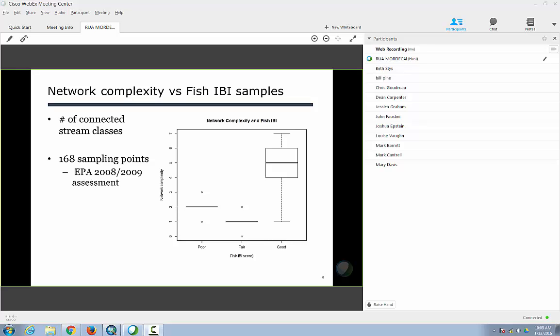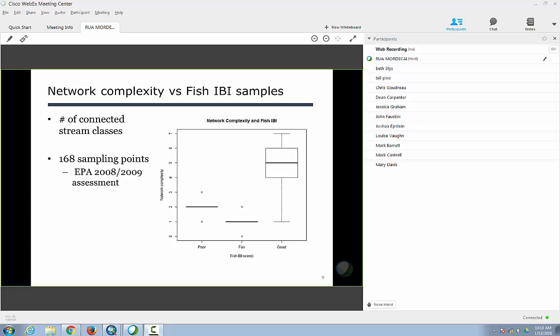So we had pretty good separation for identifying the good sites based on network complexity, just based on some of these diagrams. And this was actually the best predictor of all the other indicators of the actual fish community structure. So each of the indicators so far we had in Freshwater Aquatic were capturing different components of the system.